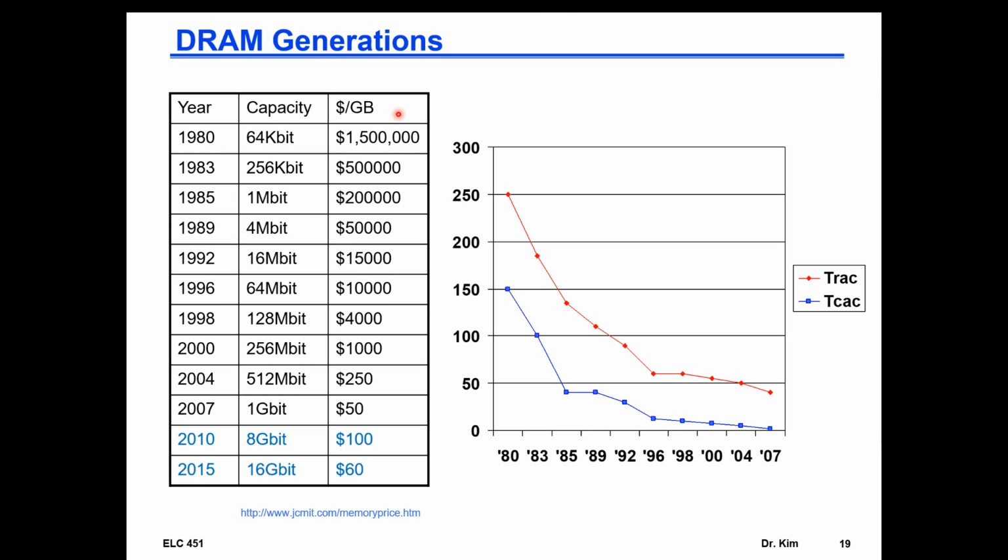And then you can see how it drops off and how the size goes up. So that ratio of bit per dollar goes up hugely, or the reciprocal of that, dollars per gigabit, goes down tremendously.